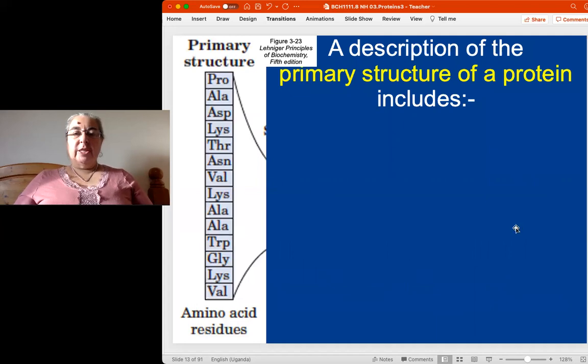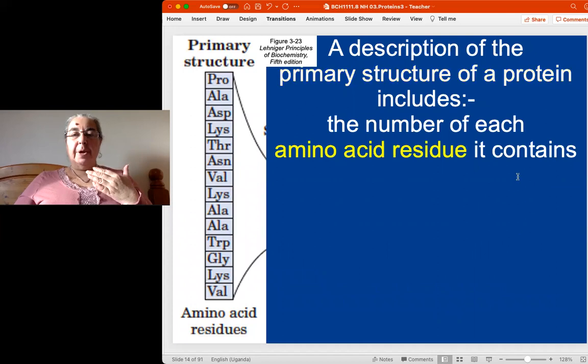So if we're describing the primary structure of a protein, we need to give several different sorts of information. These could include the number of each amino acid the protein contains. This is just a short stretch of a protein, but in here you can see that some amino acids are present several times. For instance, we've got alanine here, and also here.